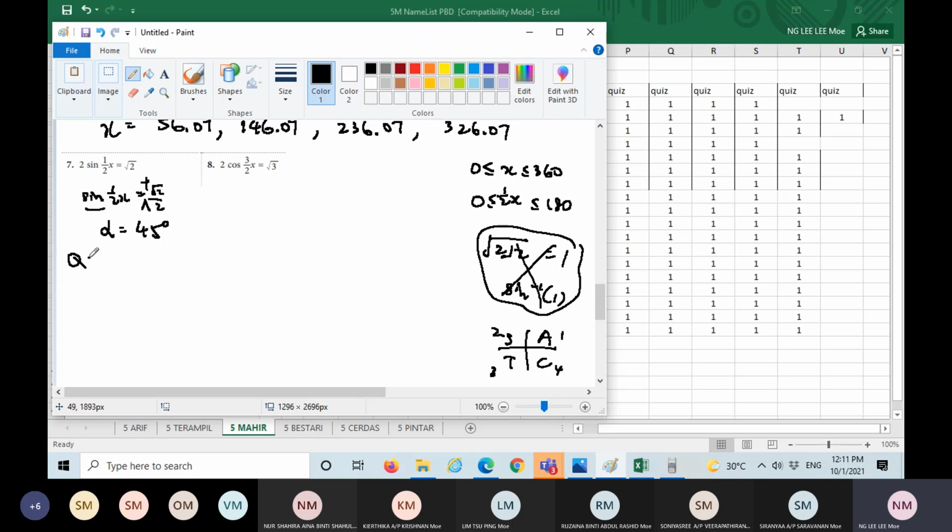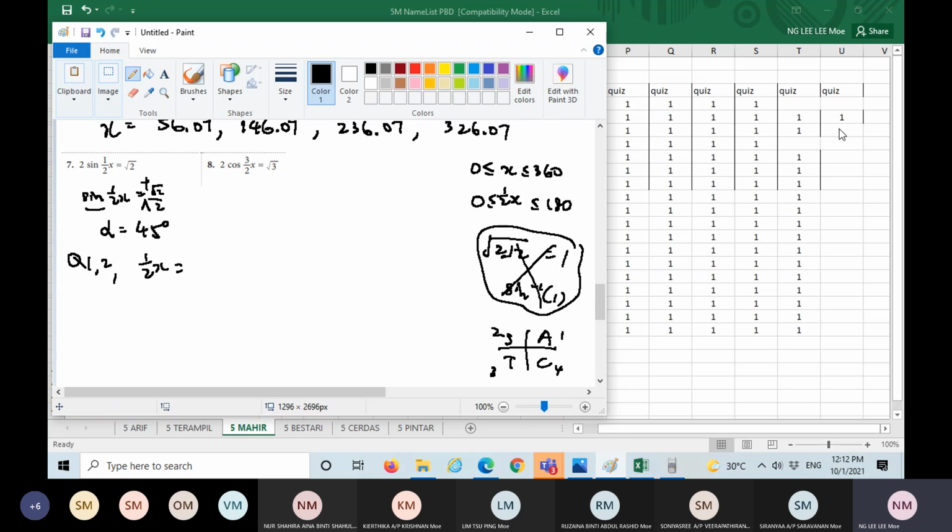Okay, 1 and 2. For this range, it is still inside the range, quadrants 1 and 2, because half x is 0 until 180. So you still have two answers. What is the half x? Don't write x, it should be half x. There are two answers, one in the first quadrant, one in the second quadrant.